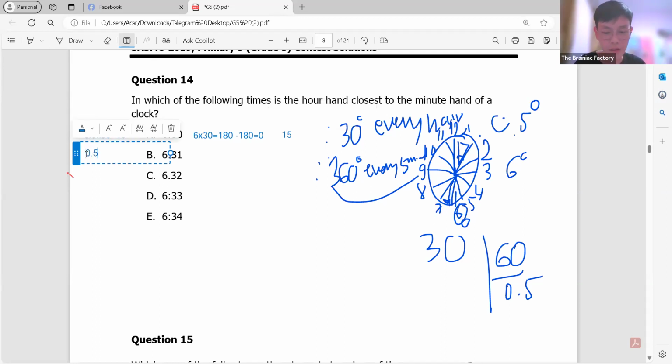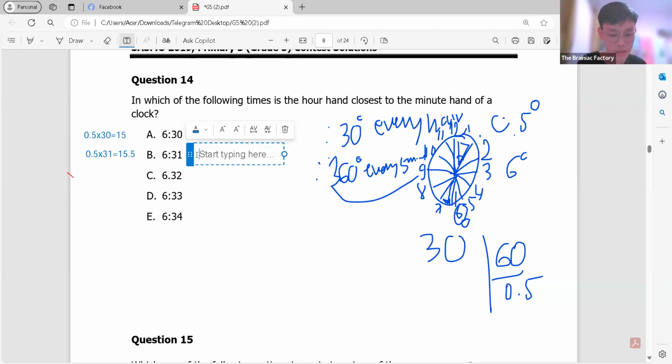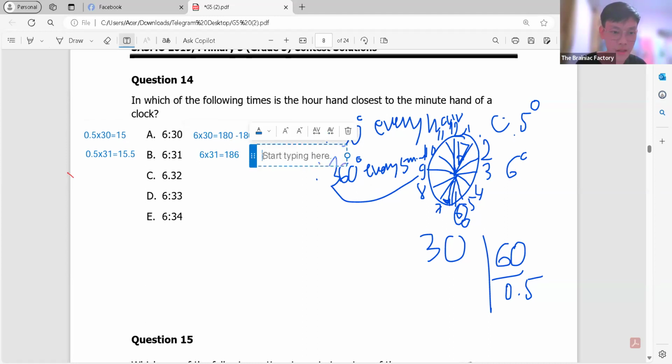We're having 0.5 times 31, which is 15.5, and this one is 6 times 31, giving us 186, so that the distance is going to be 15.5 minus 6, which is 9.5.